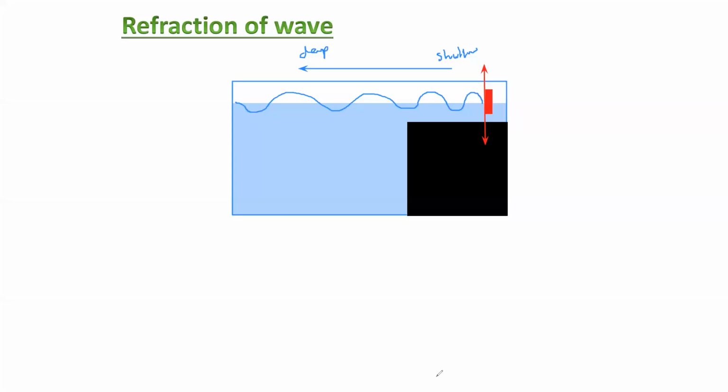So as the wave is traveling from a shallow region to deep region, when we produce a vibration, what we observe moving from shallow to deep, the wavelength and the speed increase, but the frequency remains constant, does not change.